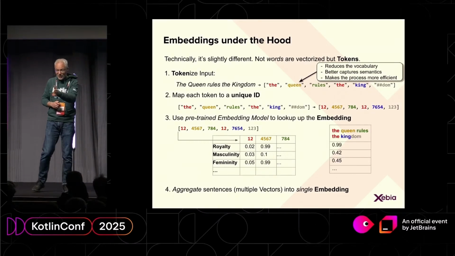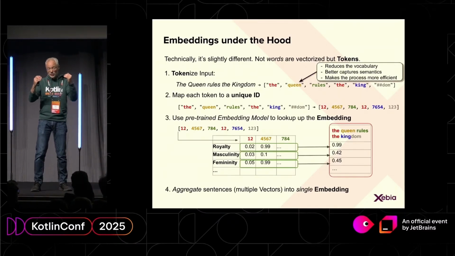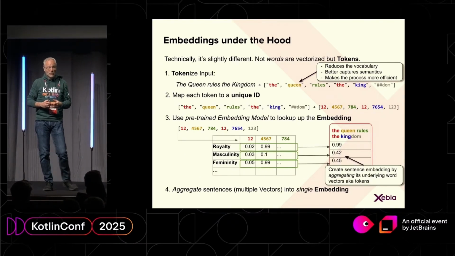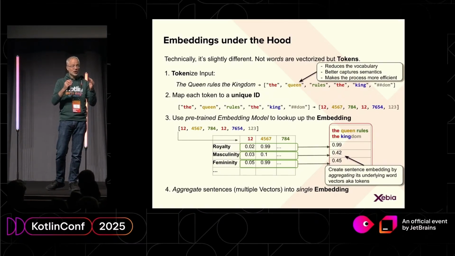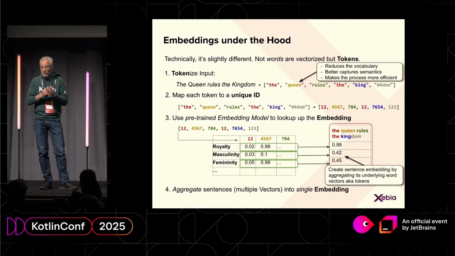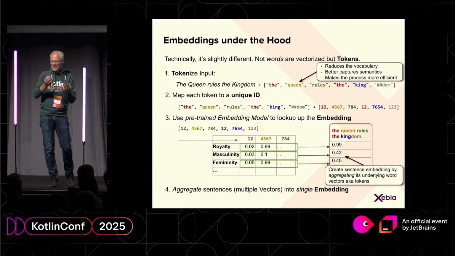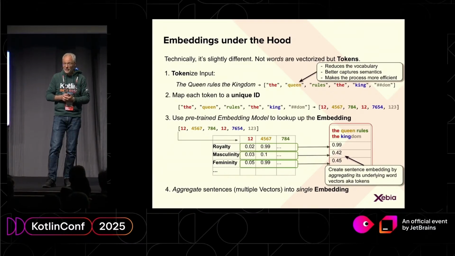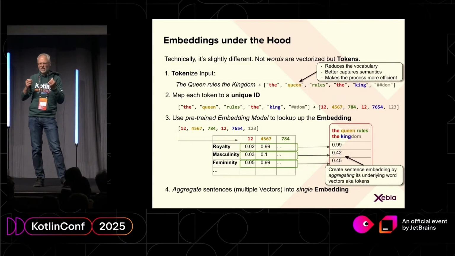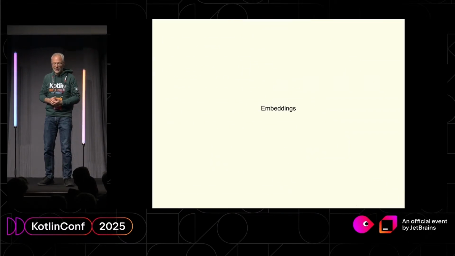So if we have, again, this string, the queen rules the kingdom, then we would take all these individual vectors of each token, and then use some aggregation algorithm to combine all these individual vectors into a single one. And what you see here is that, for instance, masculinity and femininity score more or less as high, because in the sentence we have king and queen represented. And as such, we also can represent the meaning of a whole sentence, just by vectorizing it.